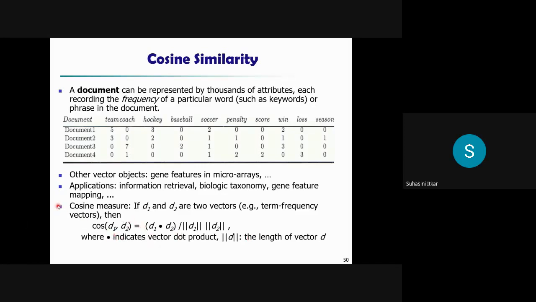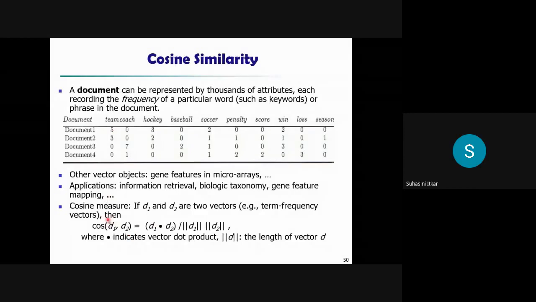where d1 and d2 are two vectors. They are also called term frequency vectors, because we are calculating the frequency of appearance of a particular keyword in a particular document.